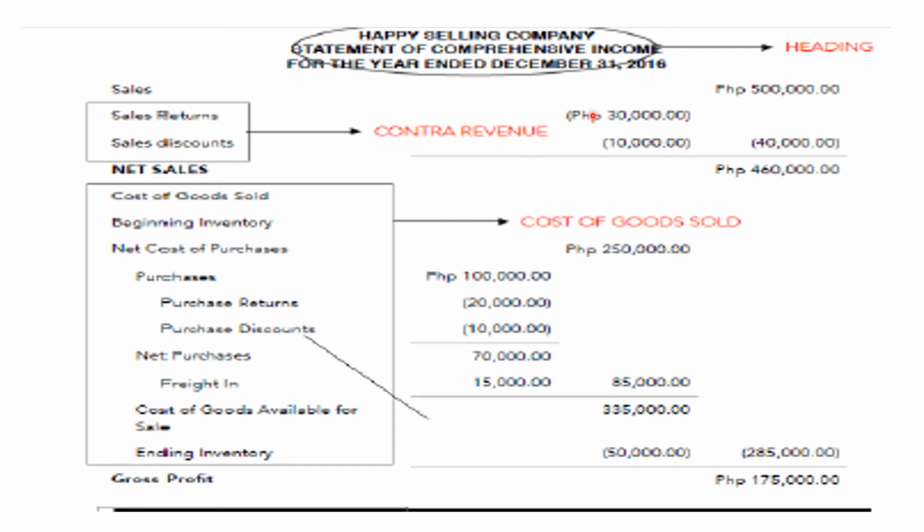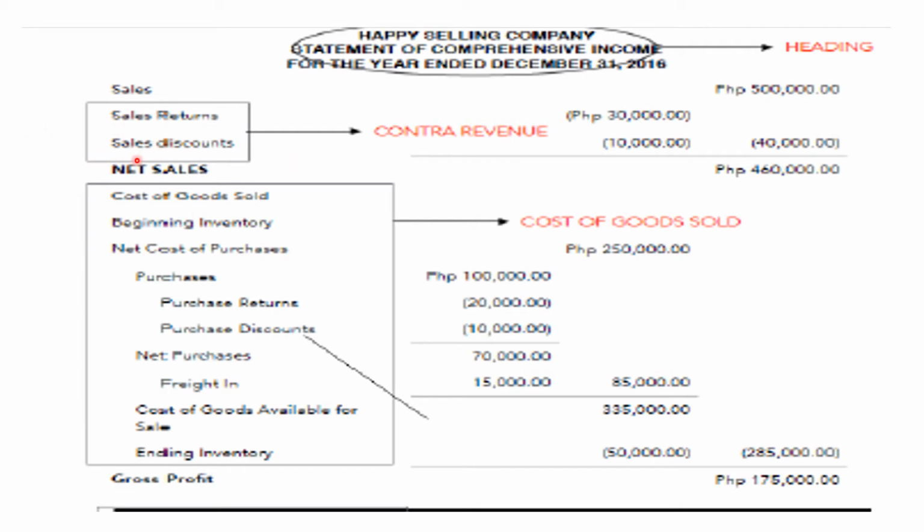And we have contra revenue. When we say contra revenue, it should be subtracted from the sales. It includes sales return and sales discount. Sales return is the account debited in order to record returns of the customer or allowances for such return.